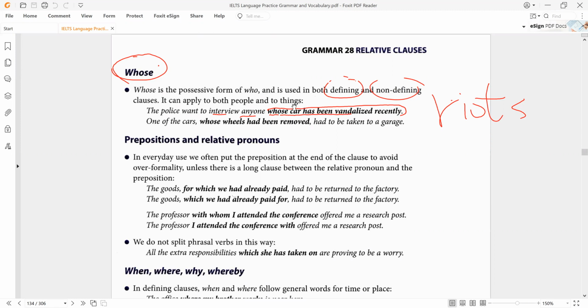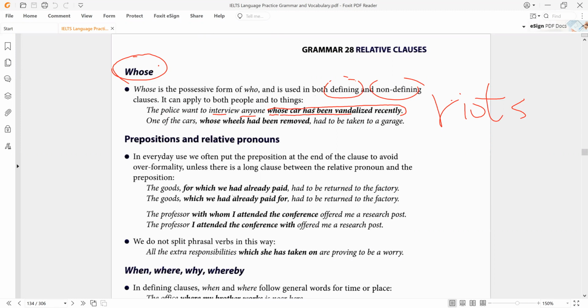This car is connected to anyone. So anyone's car, with the apostrophe s, and we drop that, so it becomes: the police want to interview anyone whose car has been vandalized.